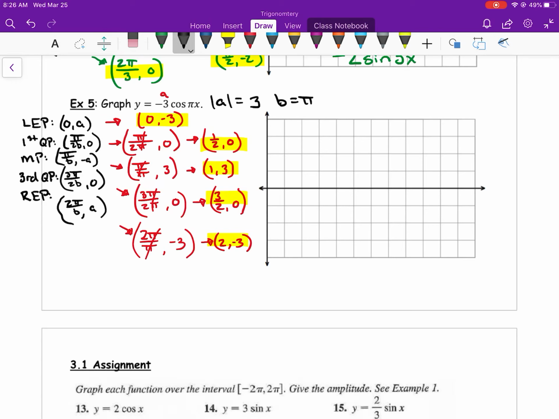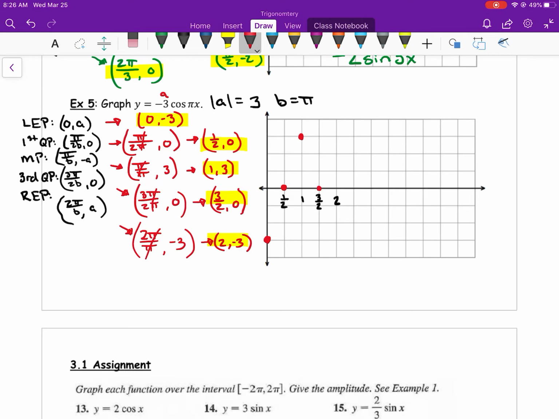So we have x is 0. This is 1/2, 1, 3/2, and 2. Well, we have 0, negative 3. Because it's negative, it starts down low instead of up high. And then we'll come all the way up to 1/2.